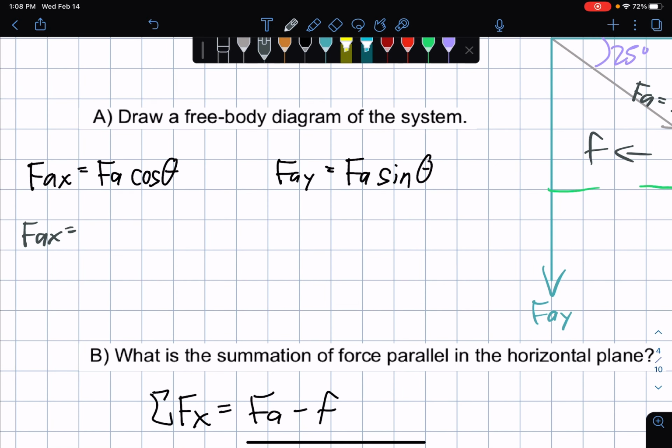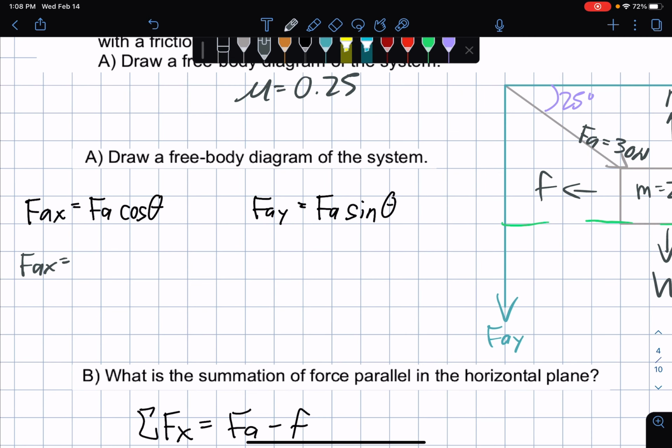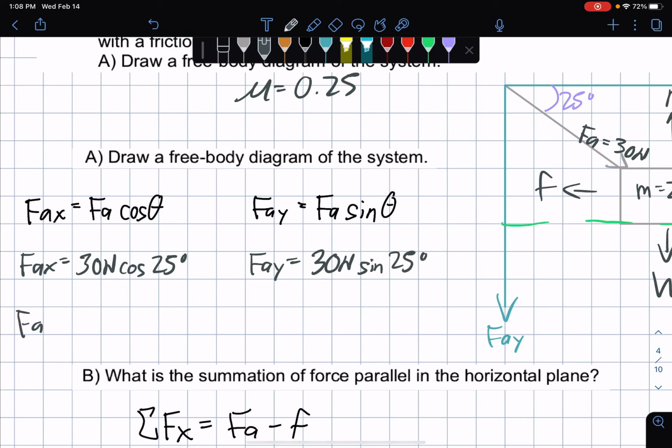So FAX, FA is 30 newtons, cosine 25 degrees. FAY is 30 newtons, sine 25 degrees. And what is FAX? It is said to be 27.18923 newtons.